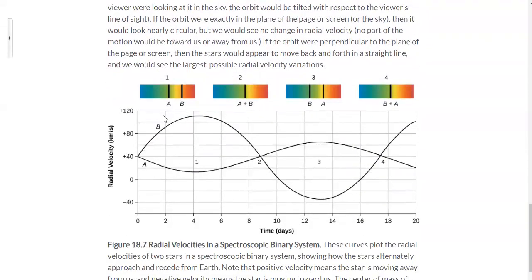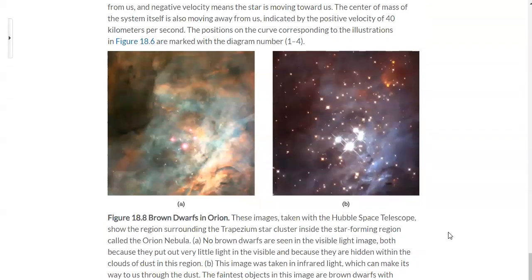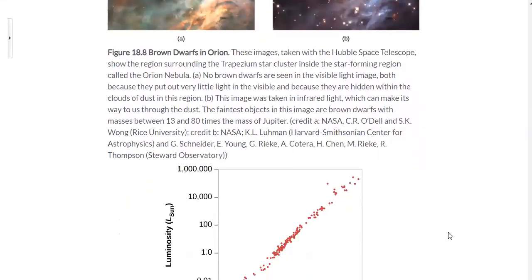And we see that the separation between these dark lines changes over time. We can measure that and model it and determine the masses of those distant stars. In a similar way, that's how we find the mass of our own sun.